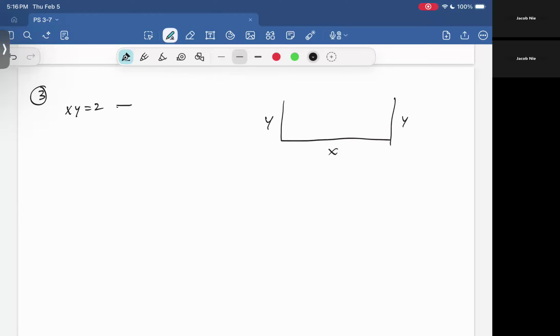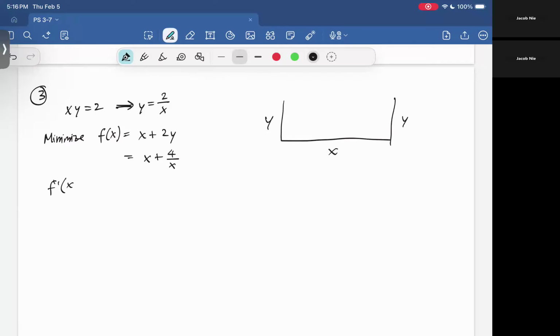Okay, so that means that y equals 2 over x. But now, what are we trying to minimize? The least amount of fencing, right? So we're trying to minimize f of x equals x plus 2y. That's the amount of fencing. And x plus 2y is going to equal x plus 4 over x.